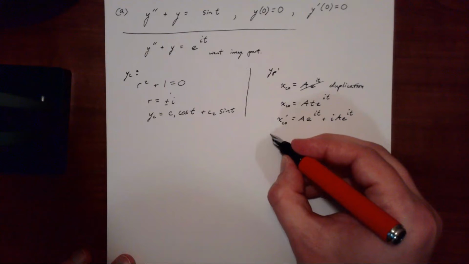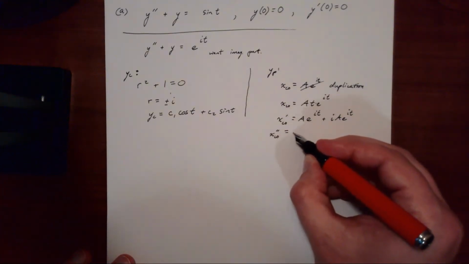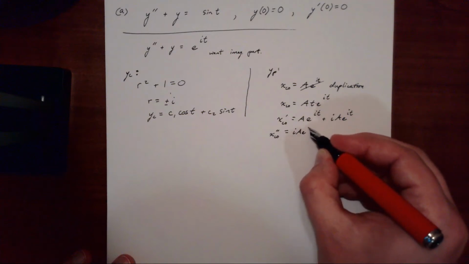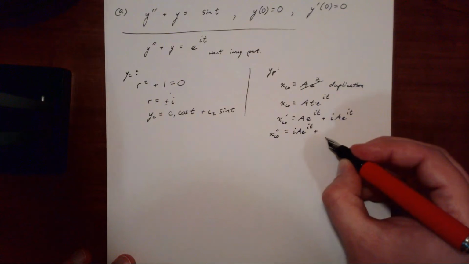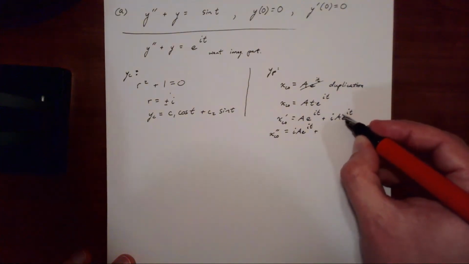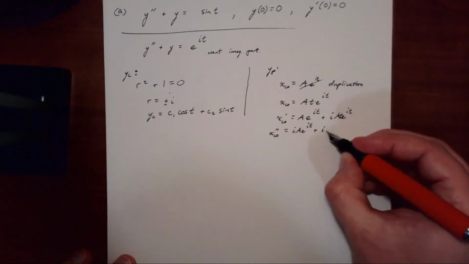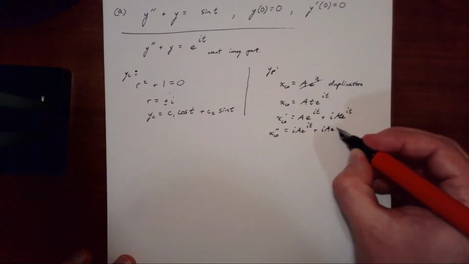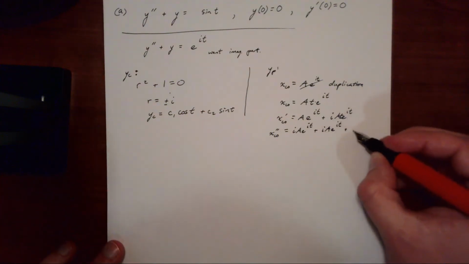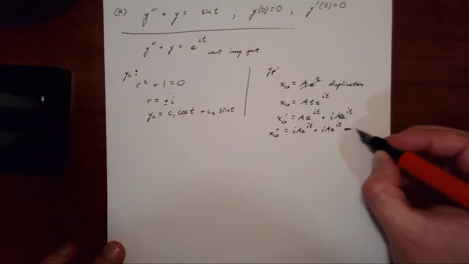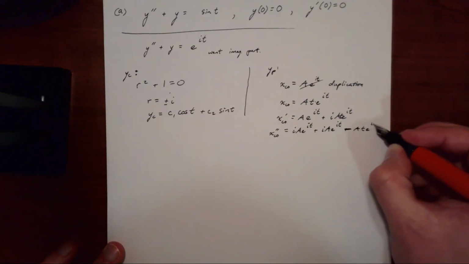And then if we take the second derivative, we'll have i a e to the it plus, oh, sorry, I'm missing a t here. So plus i a e to the it plus i squared, so it's going to make it a minus a t e to the it.